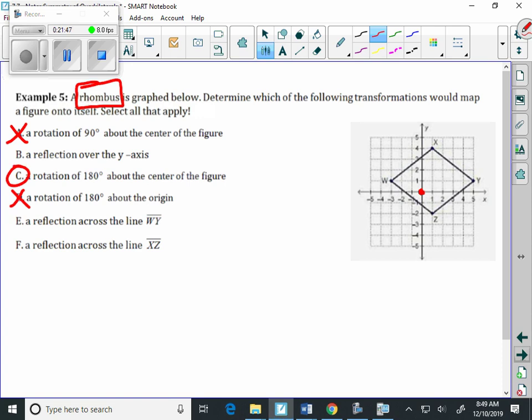Now we can go back and look at the reflections. A reflection over the y-axis. Well, here's the y-axis, even though I missed it a little bit with the disorientation. Are we going to be symmetric over the y-axis? No. So it's not that one. That leaves us with the reflection across the line WY.